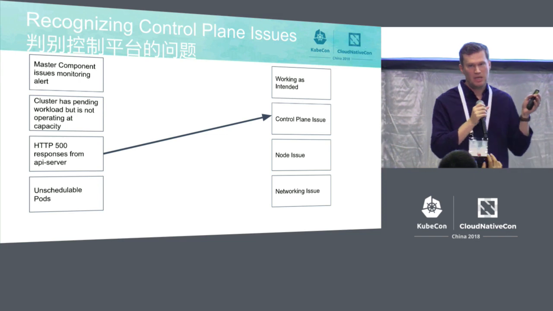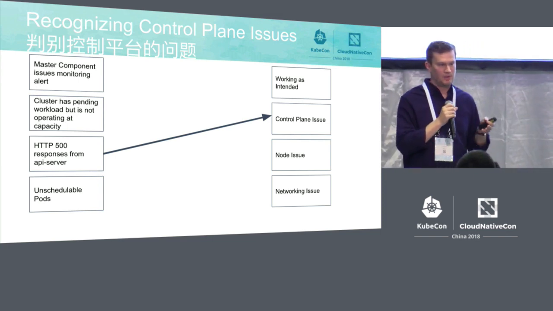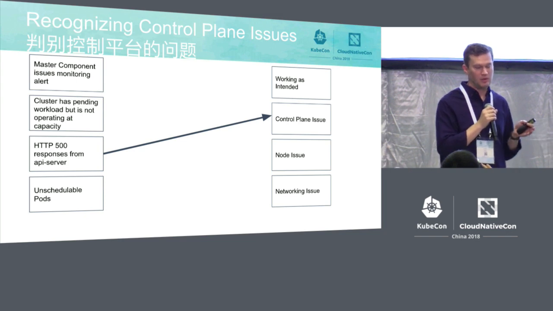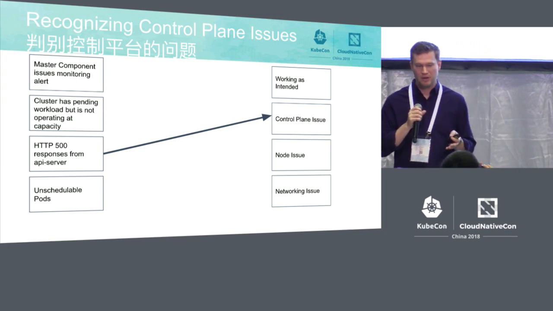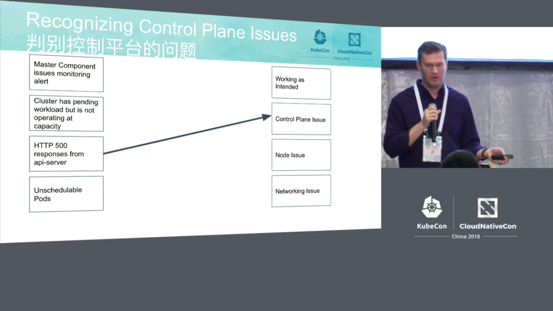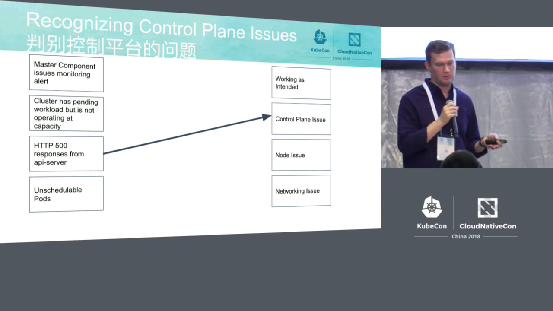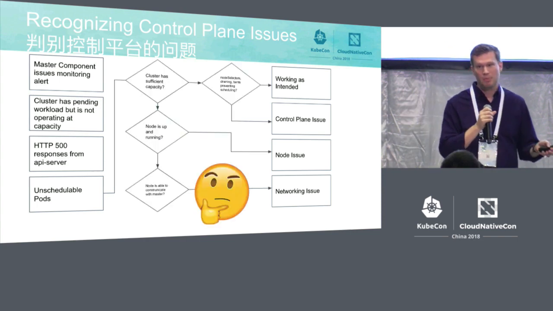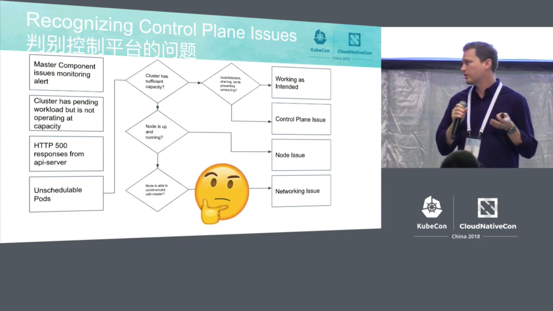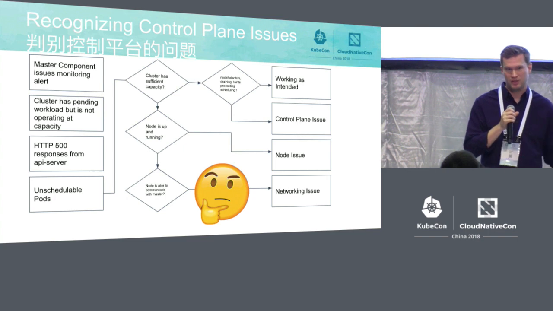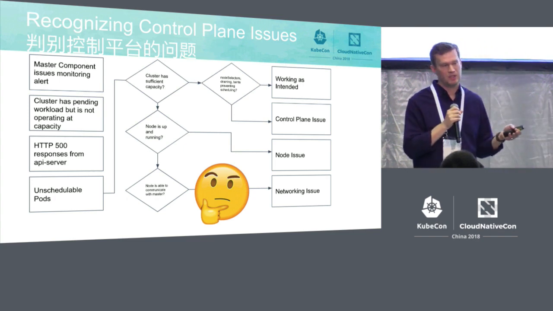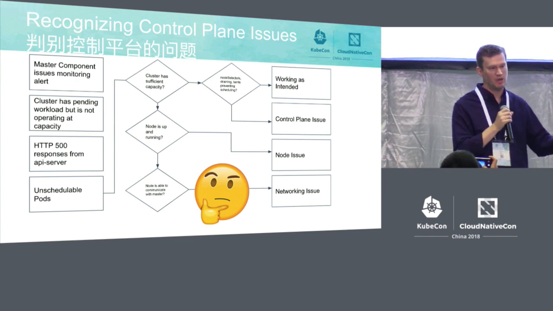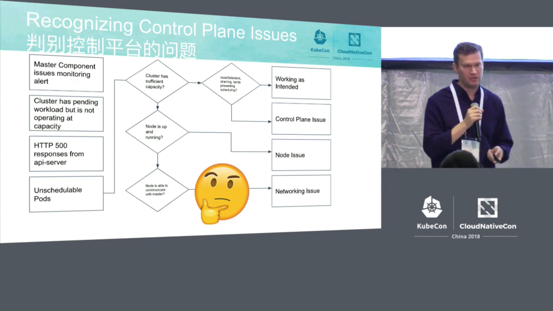So for example, in the Kubernetes API server, if you get a 500 series response from that in HTTP, that literally means the API server is telling you that it knows it has an internal server error, and it will give you a message telling you some more details, and you can go directly to that component and start inspecting it. But in many cases, a single symptom can map to multiple causes. And for these, even if you've seen the symptom before and remember what happened last time, I'd encourage you to work stepwise through the process because it could be a different issue this time.